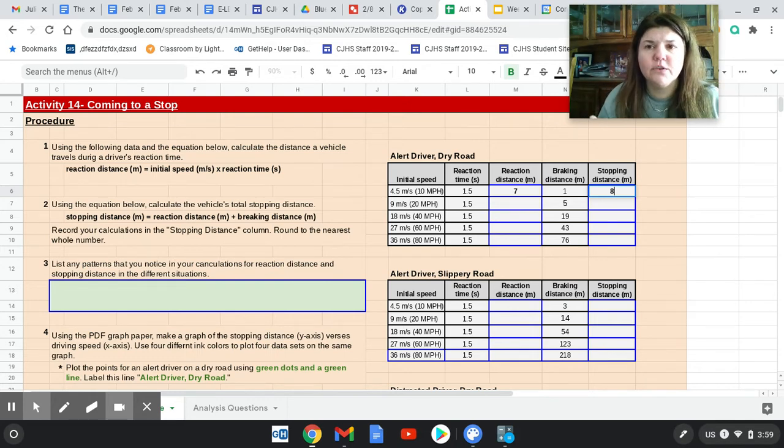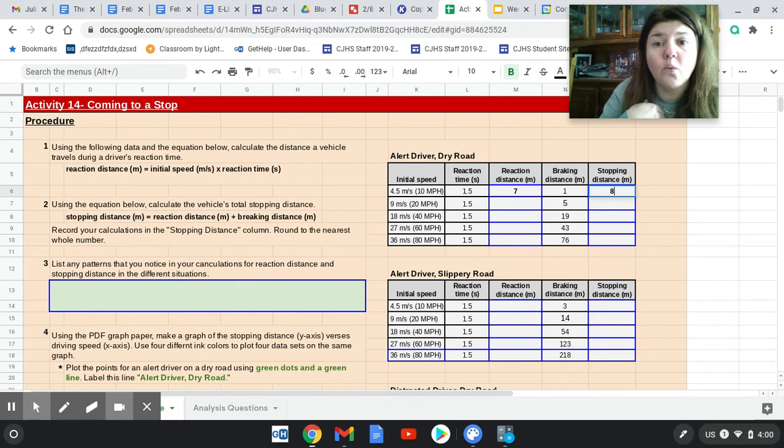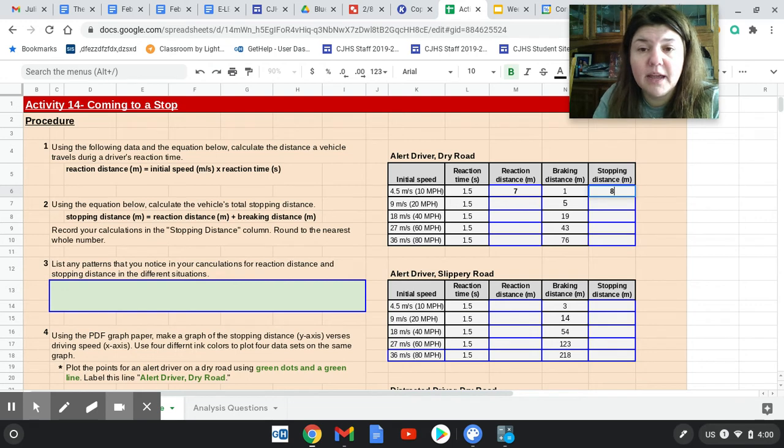Let me give you a scenario here. If I am driving along and paying attention on a dry road, and I'm driving at 4.5 meters per second, which is only 10 miles per hour, so I'm not driving very fast, maybe I'm in a neighborhood, and all of a sudden a deer drops out in front of me. As soon as that deer jumps out in front of me, it will take me about 1.5 seconds to react to that deer jumping out.